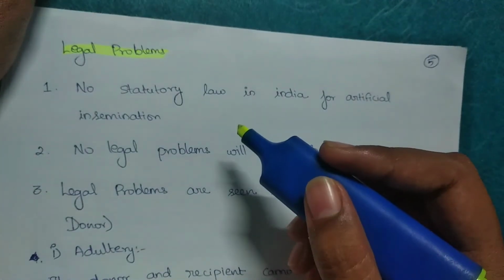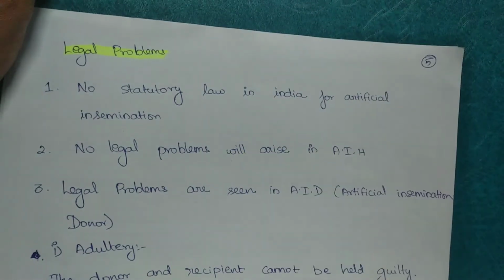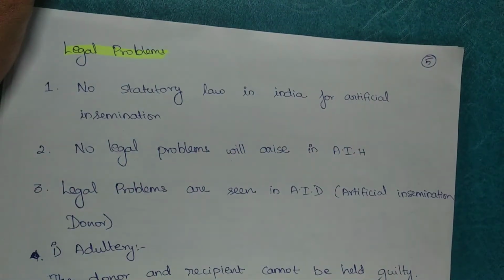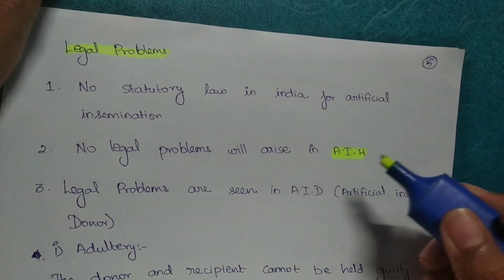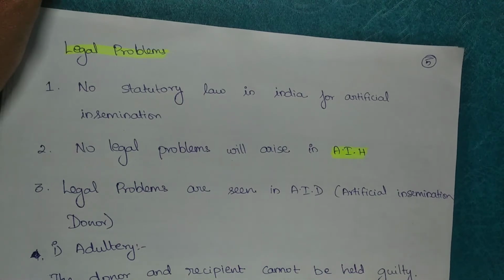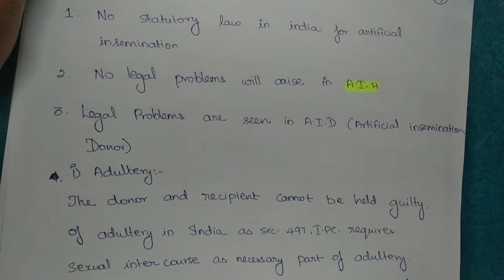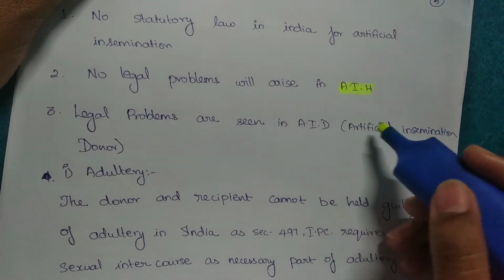There is no statutory law in India for artificial insemination, and no legal problem will arise in case of artificial insemination homologous. In this case, the husband's semen is used, so there will be no legal problems. But the legal problems are seen in artificial insemination donor.